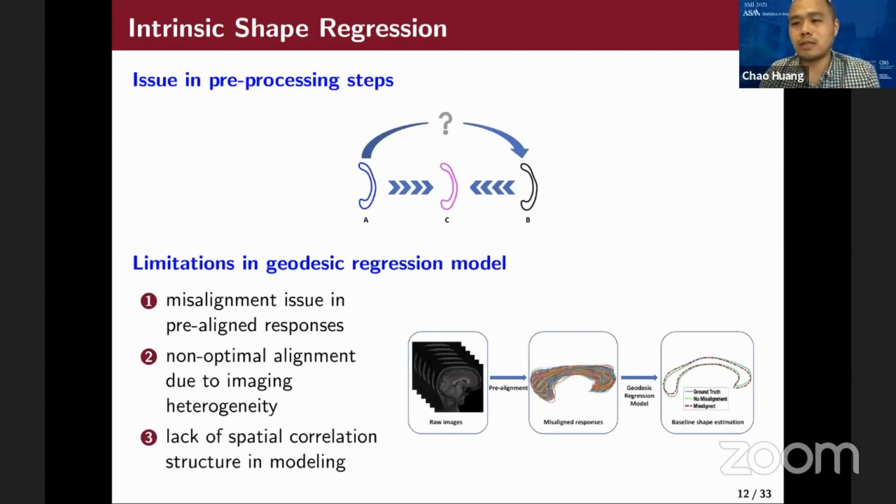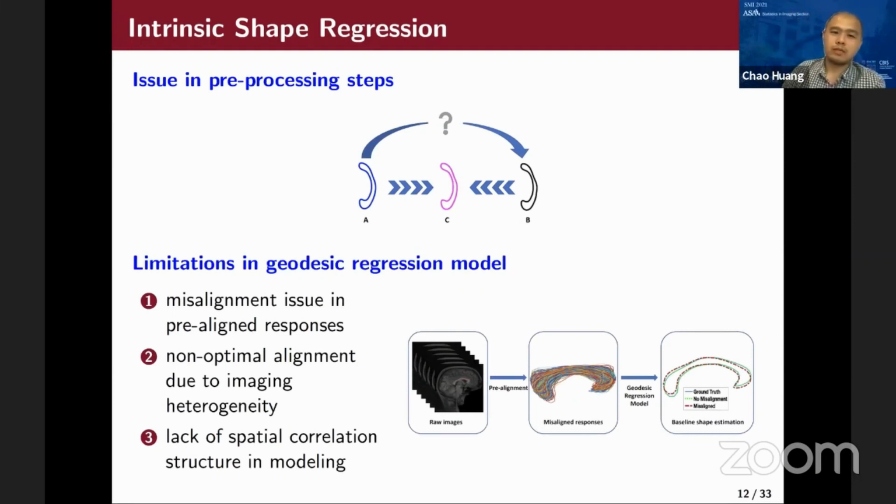Usually we need a template. If C is the template, and we do all these alignments from A to C and from B to C, we can guarantee that under some specific objective functions, A to C can be well registered and B to C can be well registered. But nobody can guarantee the alignment between A and B, right?